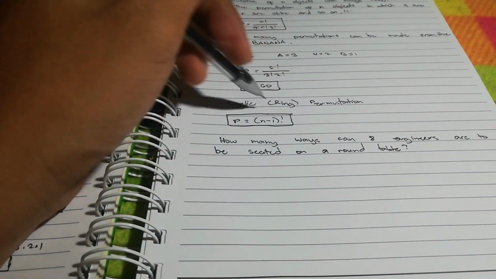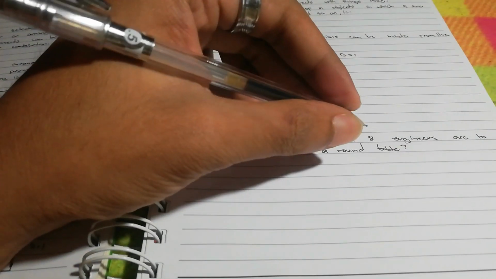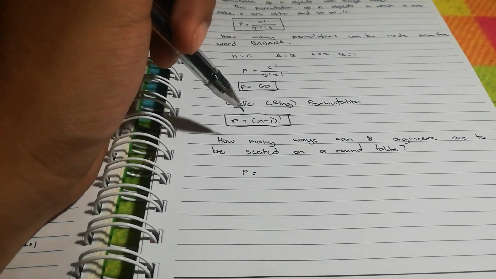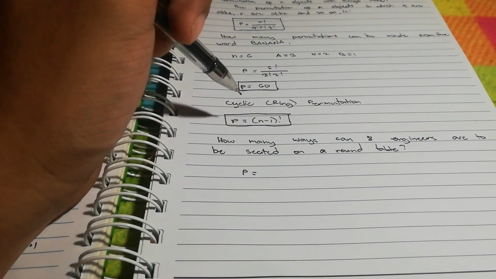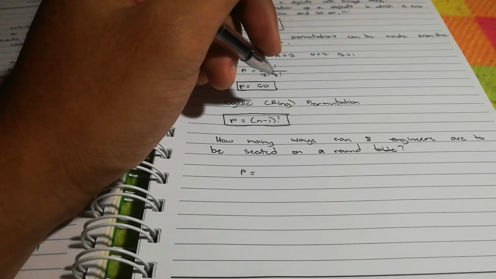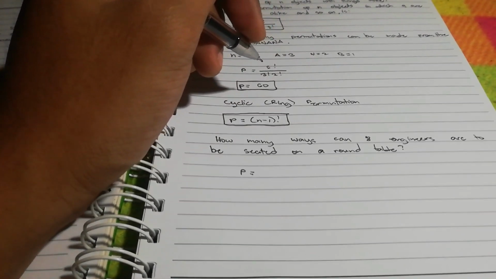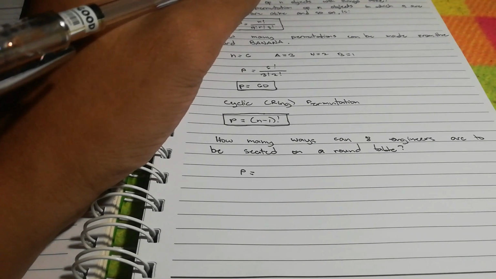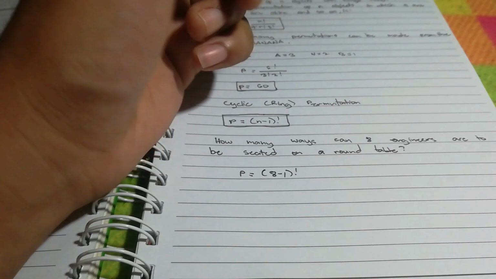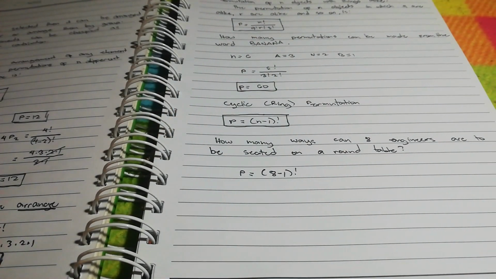So, this is just our formula. 8 engineers, so 8 permutation. We know permutation because that's what this is. Okay, so 8 minus 1 factorial. Basically, problems related to round, ring or cyclic just use this formula: n minus 1 factorial.